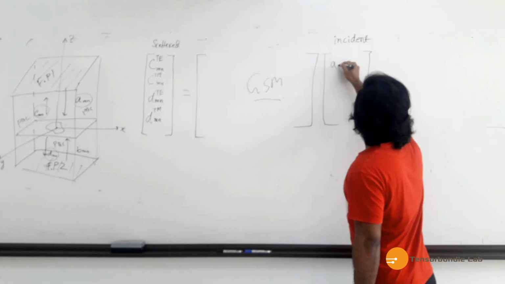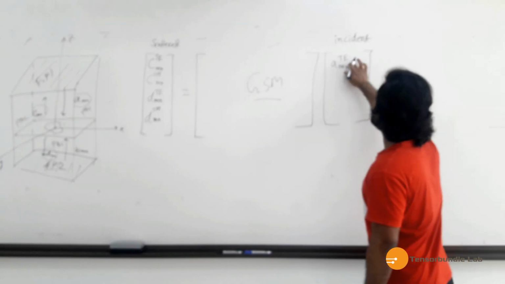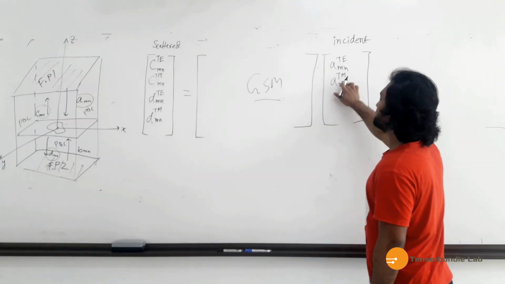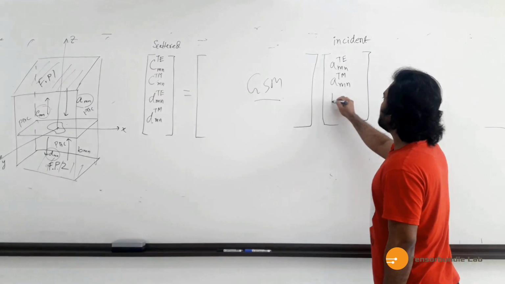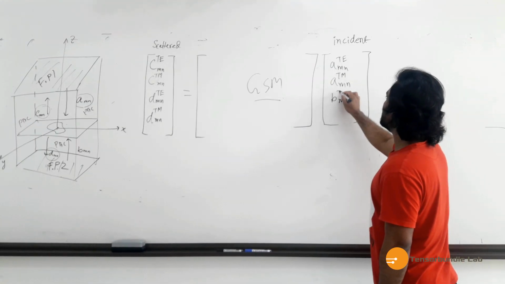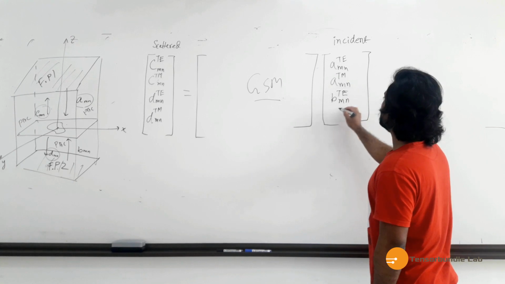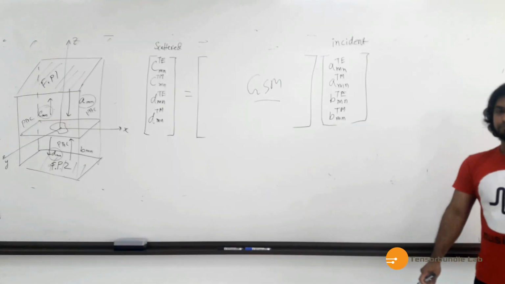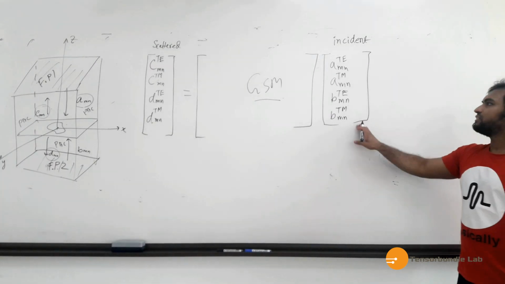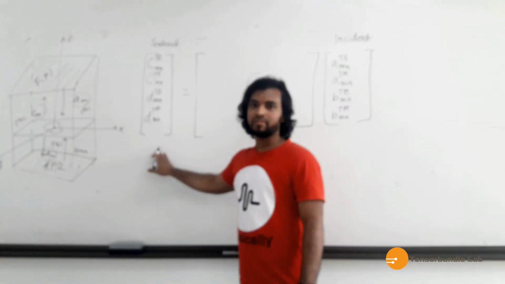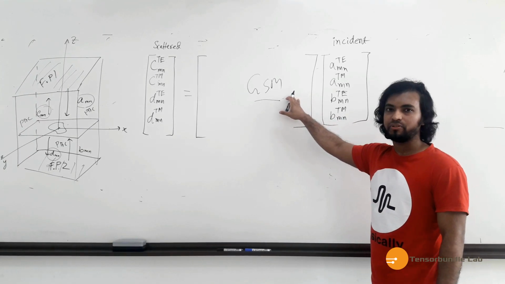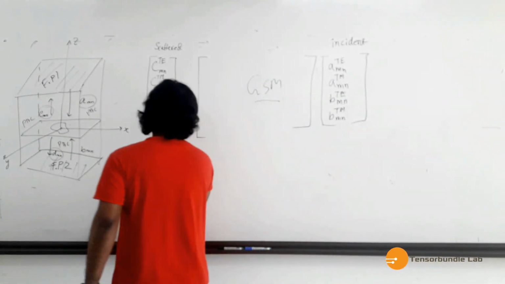So we will write A_mn, the first one is transverse electric, and A_mn for port 1, transverse magnetic, and similarly B_mn for port 2. The last one is transverse magnetic. So these are the incident waves, these are the scattered waves, and between them we have this generalized scattering matrix. I will write it now.